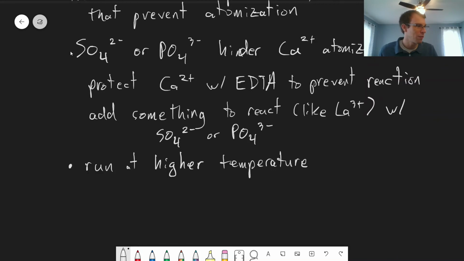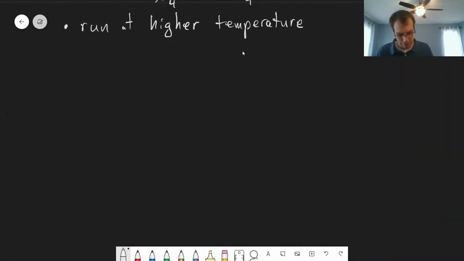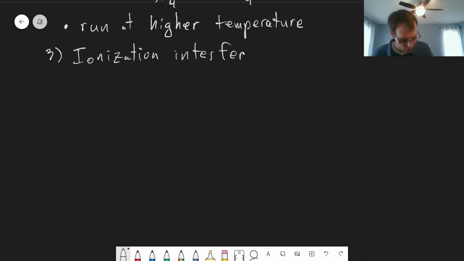The final type of interference that we can have is ionization interference. With all of what we've talked about at this point, we are looking at atoms that are not charged, right? We're looking at gas phase metals typically, not ions, right?